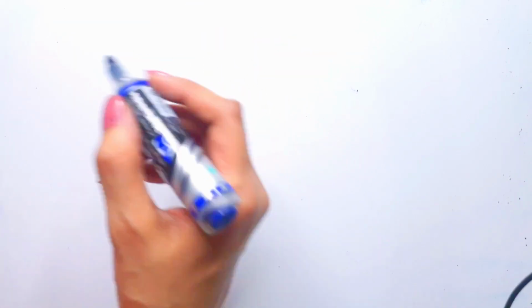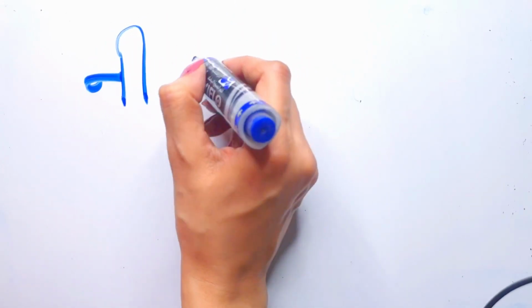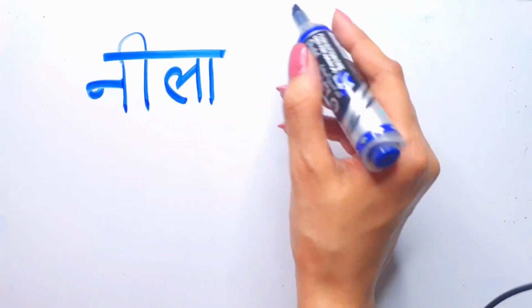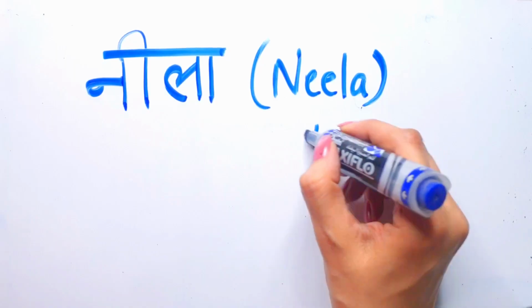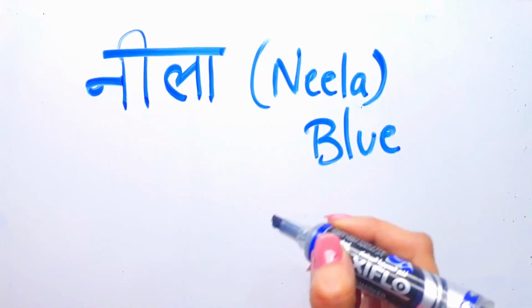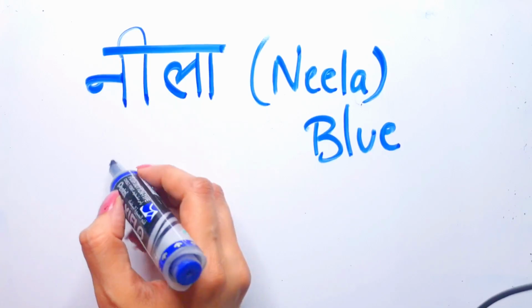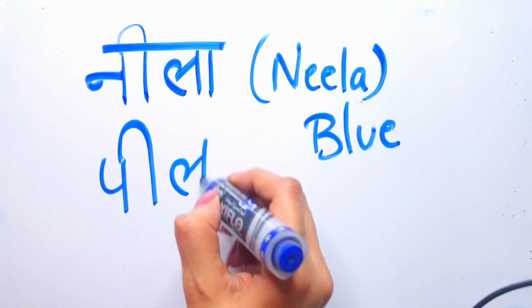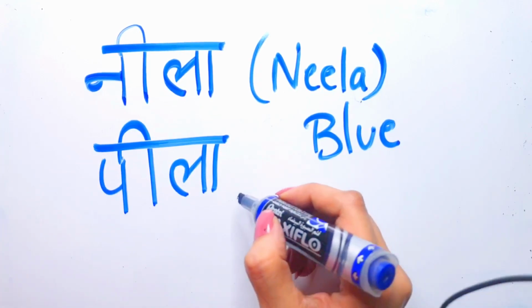Let's see two colors. So we have neela, which means the blue color. And very similar is peela.